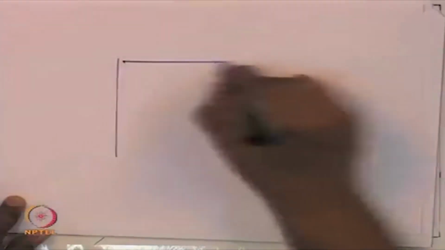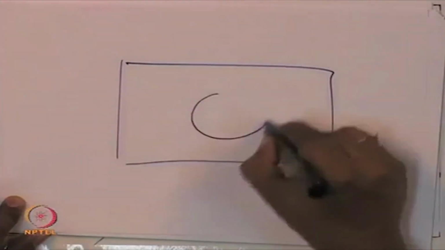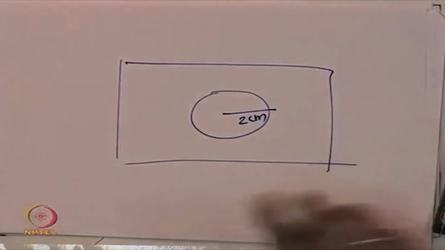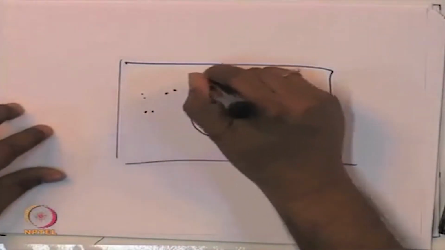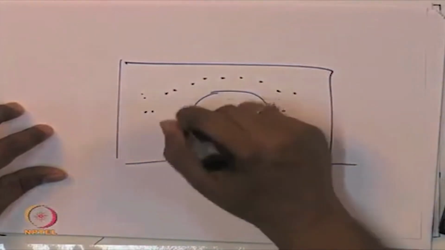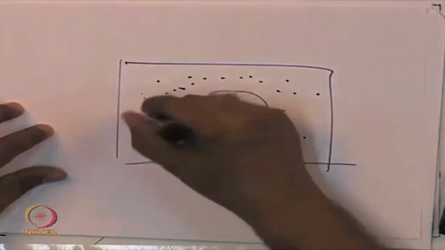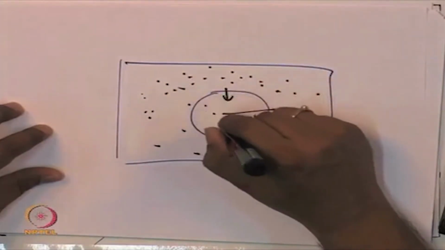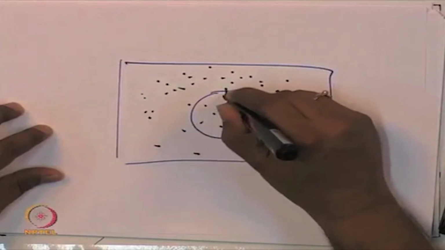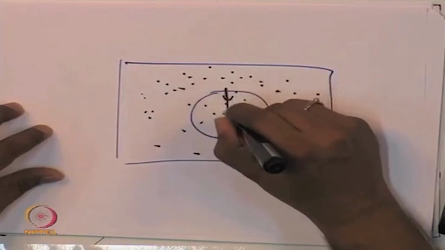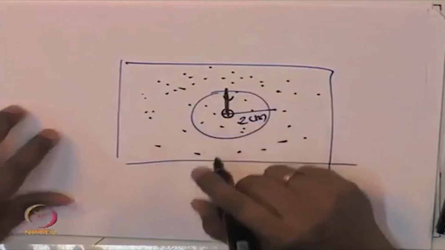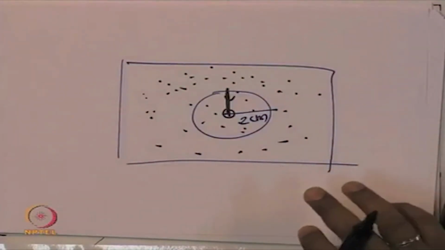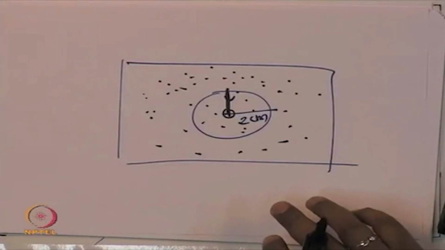So, you have a potato, and we said that the radius is about 2 centimeter, and you are putting spices, salt, etc., to cook the potato. All the spice particles will diffuse and reach here. So, it has to travel a distance of this much and reach the core, so that everywhere is nicely salted and spiced.